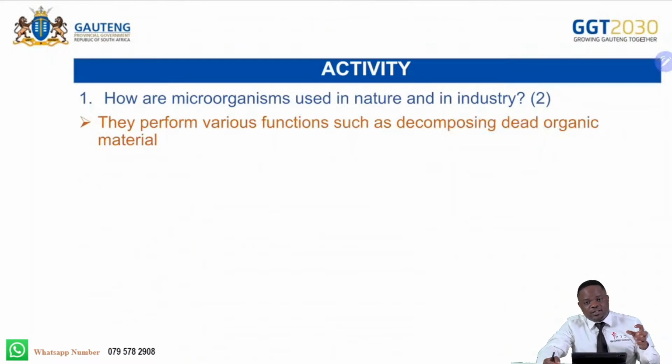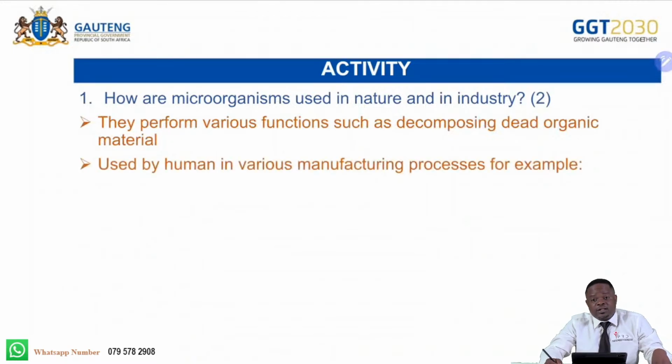When they die, the nutrients are taken back into the soil through the breakdown of that organic material by microorganisms. So that is their role in nature. And we said in industry they are used by people to manufacture different types of food.